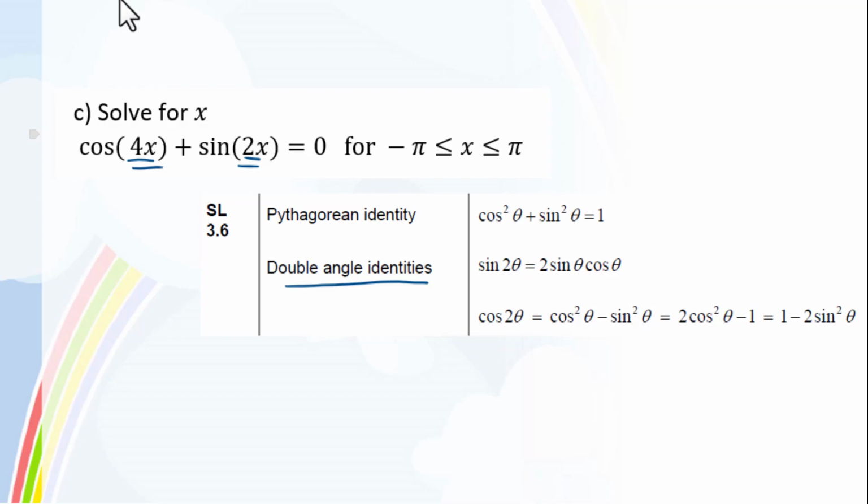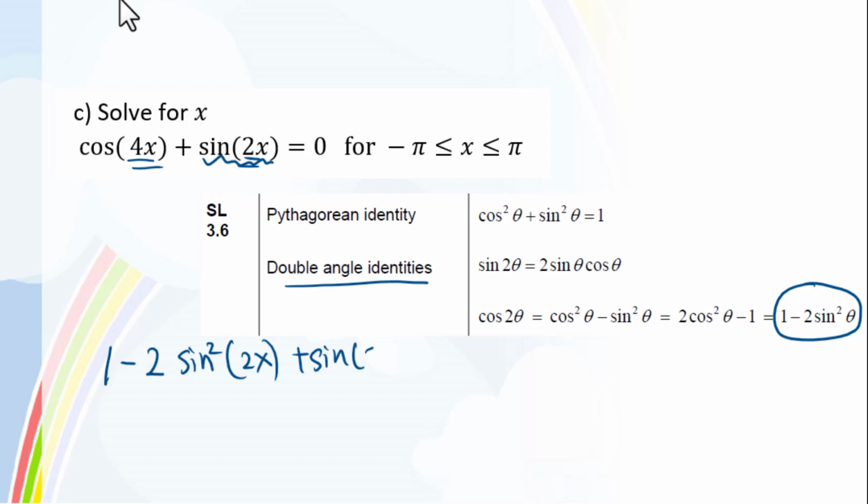In the equation, we are given sine 2x, so we use this formula for cosine 4x: 1 minus 2 sine square 2x plus sine 2x equals 0.